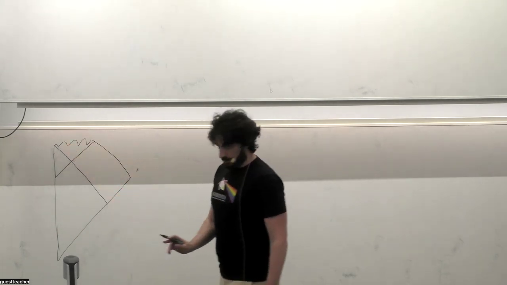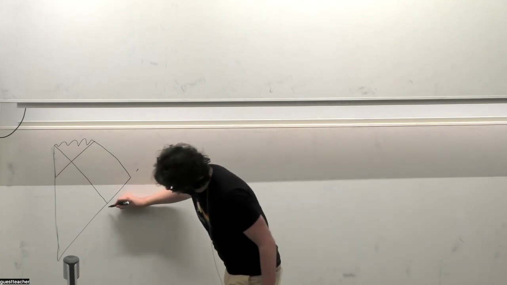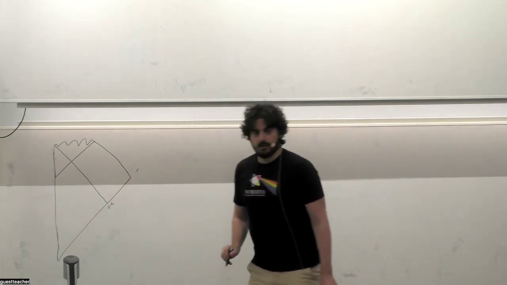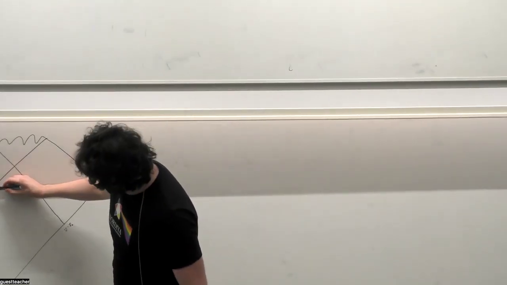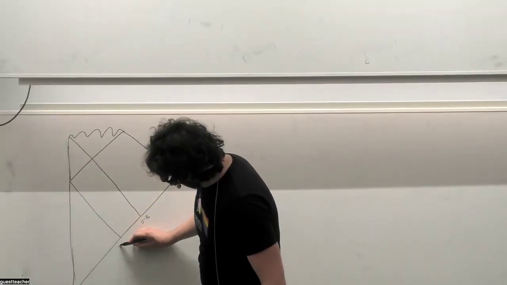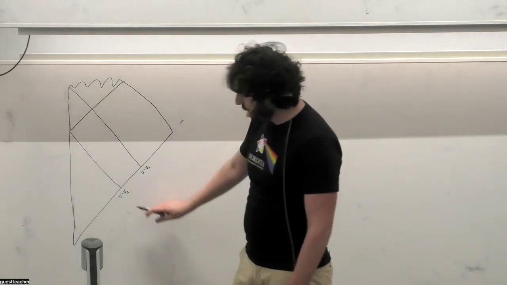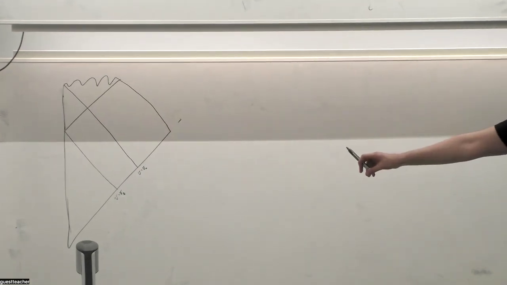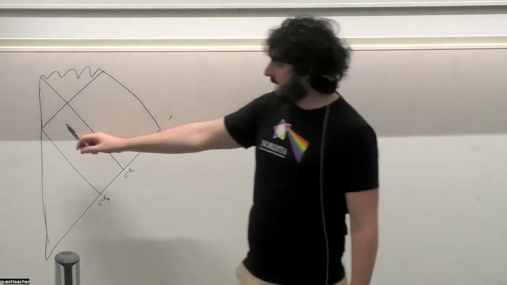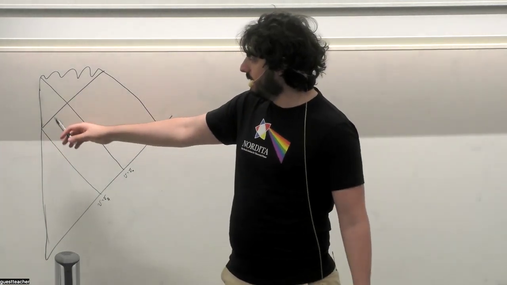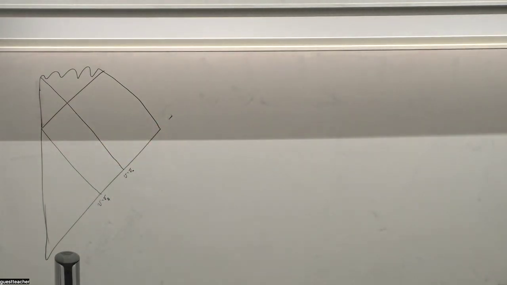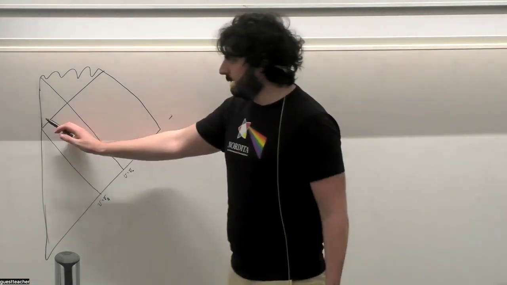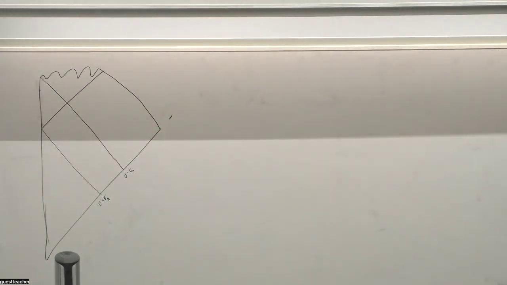Note the event horizon, at v equals v naught. The event horizon starts at this point here, at v equals v horizon. We will compute the value of the horizon, but note that this is well before the shell. So the event horizon starts here, where there is no causal way to understand that this is a shell. And this is what I was saying before: the geometry here is Minkowski, but we are inside an event horizon, right? This is one of the cases where the event horizon is relevant.